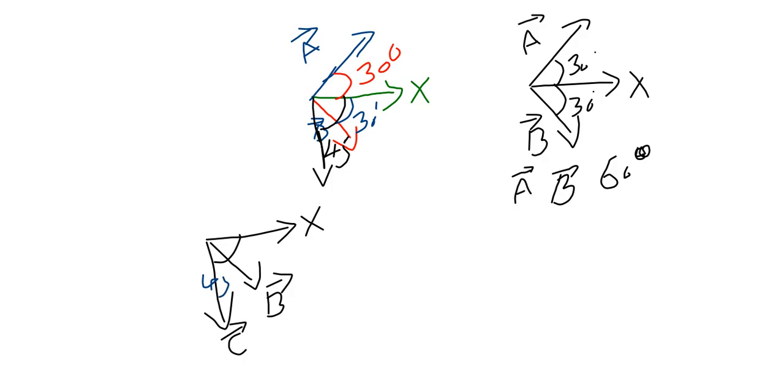With the X axis, B bar makes an angle of 30 degrees. So the angle between B bar and C bar is 45 minus 30, which is 15 degrees.